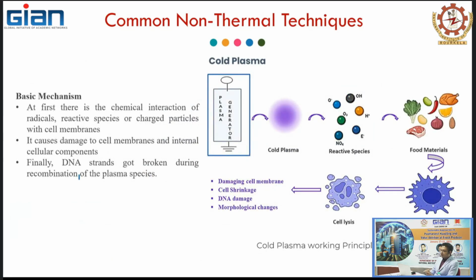So in the plasma, the first one is chemical interaction. The plasma has some radicals, reactive species and charged particles which may interact with the cell membrane of the product, and due to UV it may cause damage to the cell membrane, okay, and the internal cellular components.